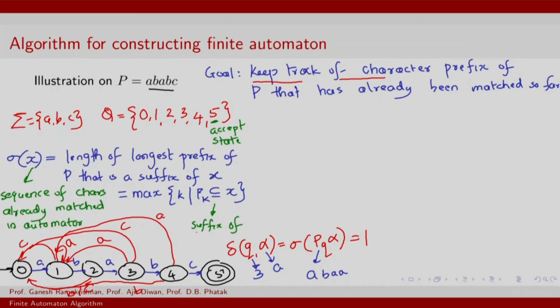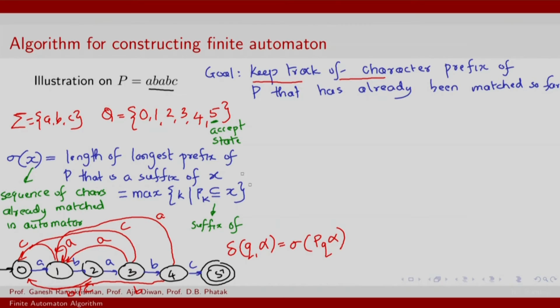So you can see that delta of Q, alpha equals sigma of PQ alpha should give you the destination state for almost every Q. You can continue this process and convince yourself that indeed this definition suffices for us.